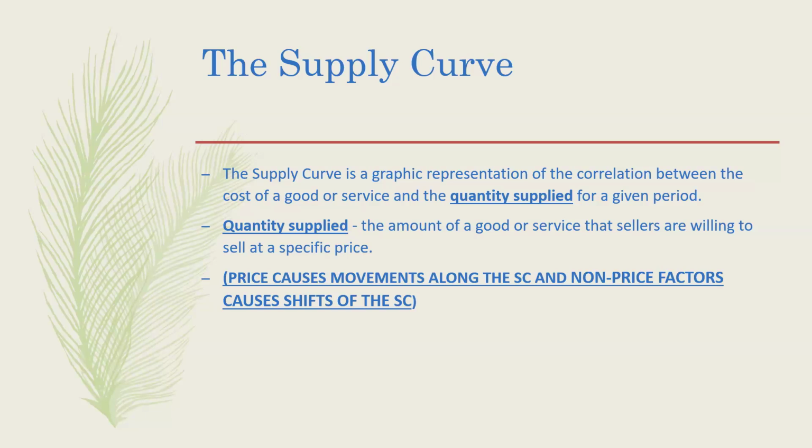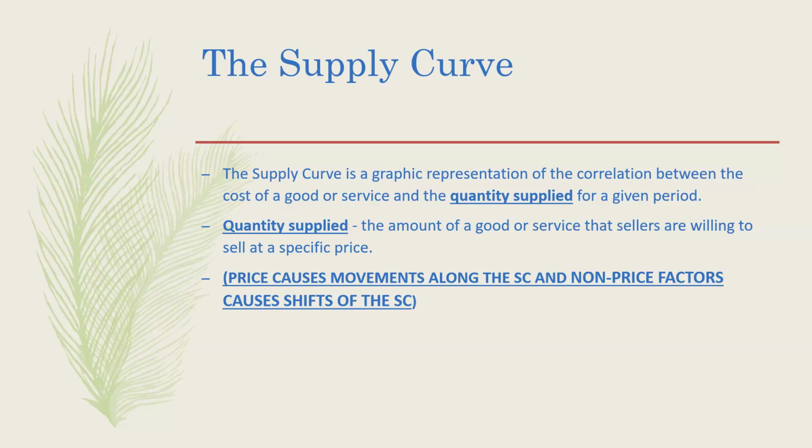And what is the effect it will have? It will cause shifts of the curve. But let's just substitute the word demand, and now we are looking at supply. All price factors, whether it be an increase or a decrease in price, would cause movements along the supply curve, whereas non-price factors would cause shifts, and we'll get to those factors just now.